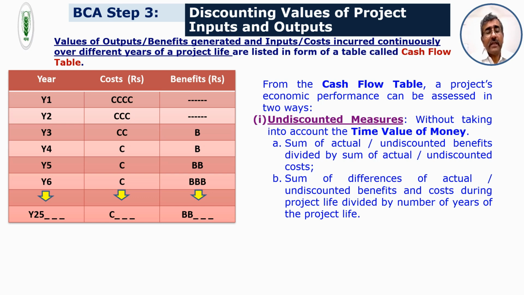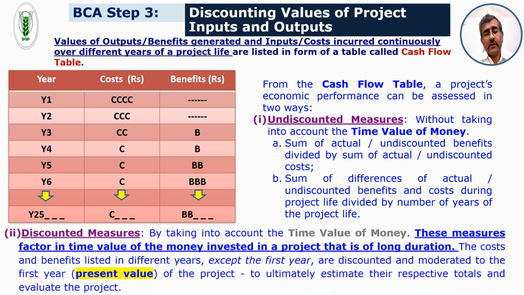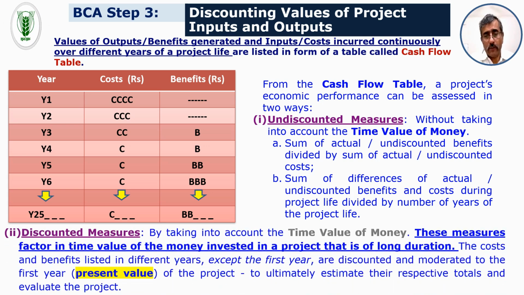Another way can be we take the difference of each year's benefits and cost, and the values so obtained can be added across the years and then divided by the 25 years, that is the project life, and then we can say whether the project has been successful or not.